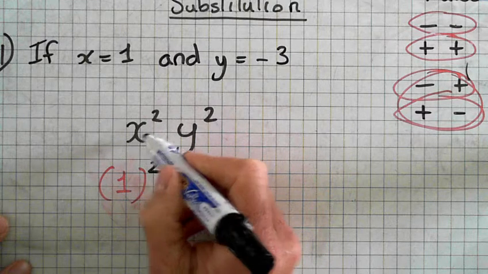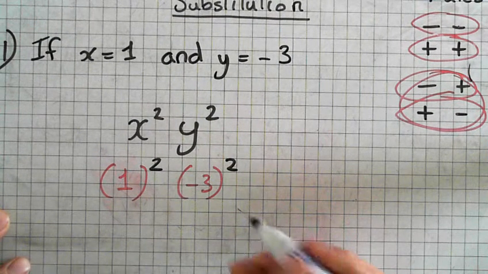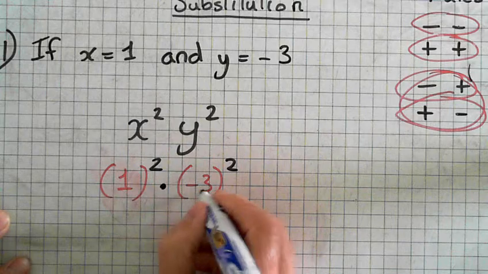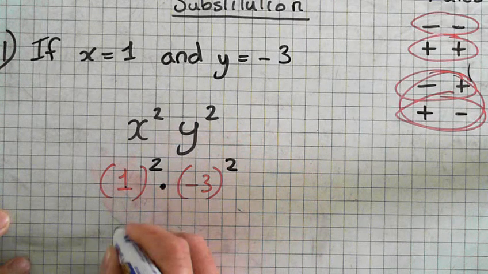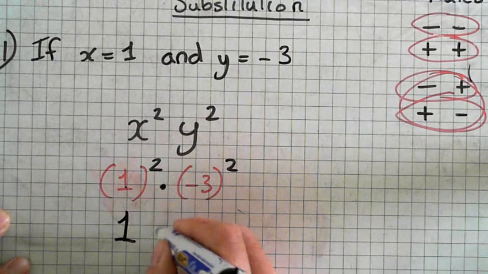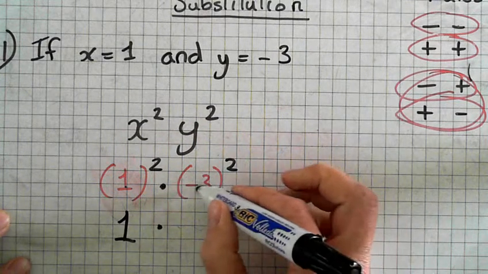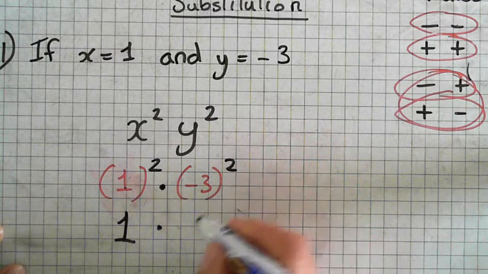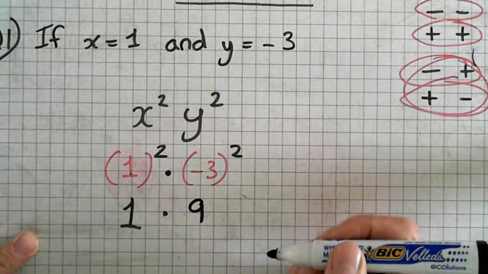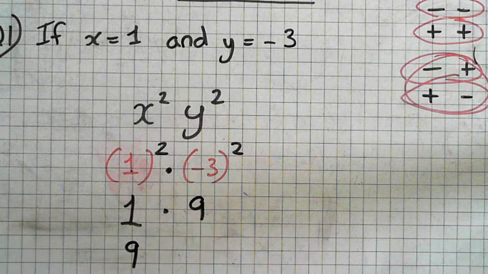These 2 are multiplied by each other, aren't they? Alright. They're multiplied by each other. 1 squared means 1 by 1. 1 by 1 is 1 times minus 3 squared means minus 3 times minus 3 is 9. What's 1 times 9? The answer is 9.